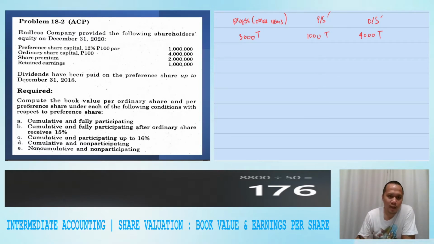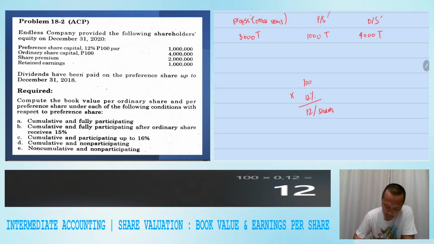So the dividend rate stated is 12%. So the dividends is, if we have a par value of 100 times 12%, the dividends is 12 pesos per share multiplied by the number of shares.